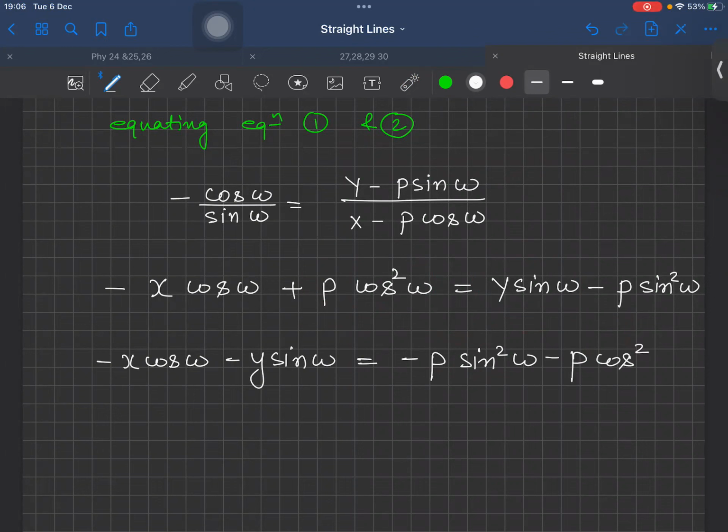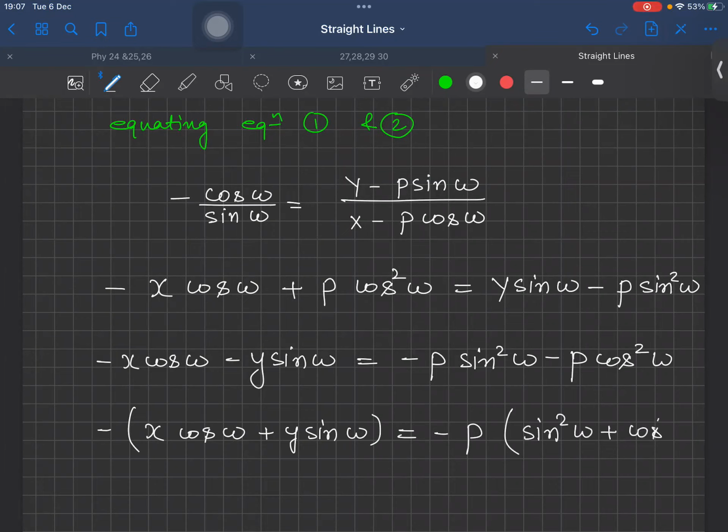Is that correct? Correct, Murli? Abhinav, is that correct? Yes. So can I take minus 1 common here? So I'll write x cos omega plus y sin omega. Now I'll take minus p common here. So this will become sin square omega plus cos square omega.